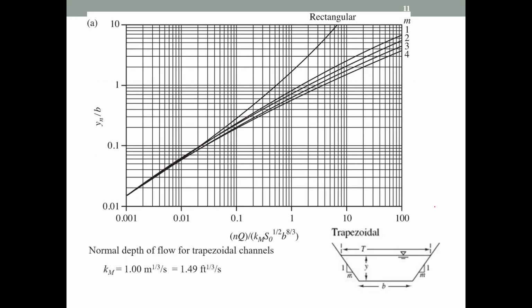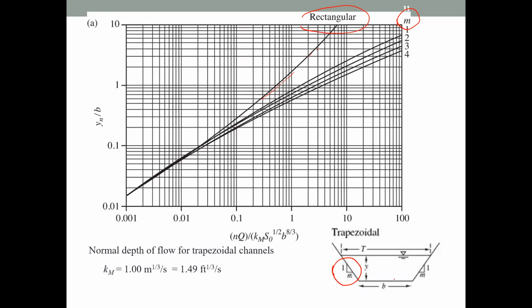So this is for the trapezoidal and rectangular section. This line is for the rectangular section. The other 4 lines here are for the trapezoidal sections. So what are the parameters we have? We have M here. That is the side slope of this channel, right?